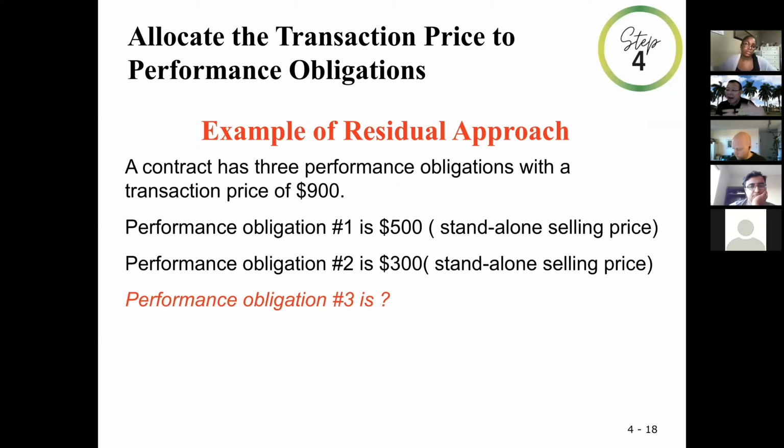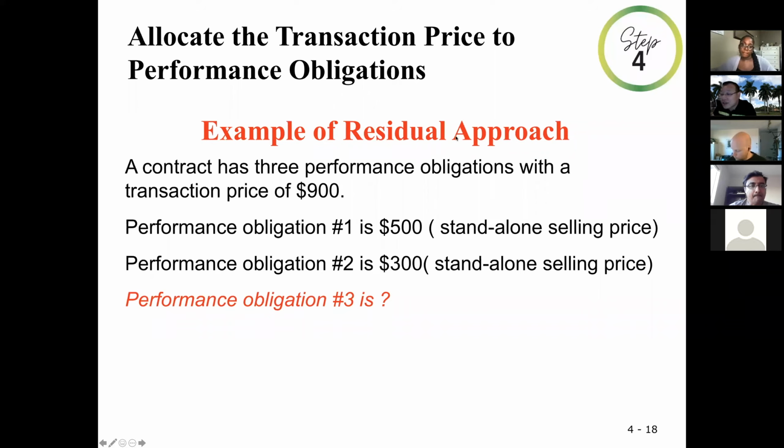If you only buy the performance obligation service number 2, that's going to cost you $300. So this 500, 300 are the standalone selling price, but you don't know what is the standalone selling price for the 3rd service. How are we going to allocate this?